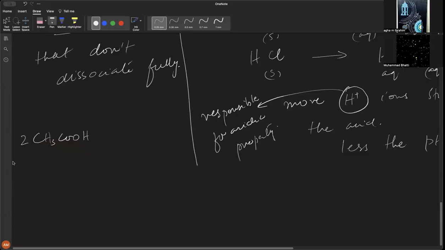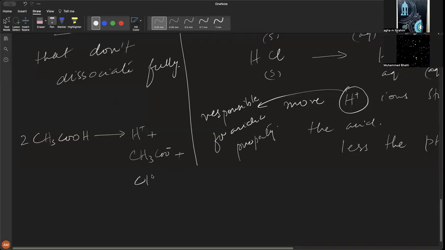If there are two of them, let's say, one of them might dissociate, and the other one might not dissociate, so it's going to stay like that. Let's say this is dissociated, so it's like this.